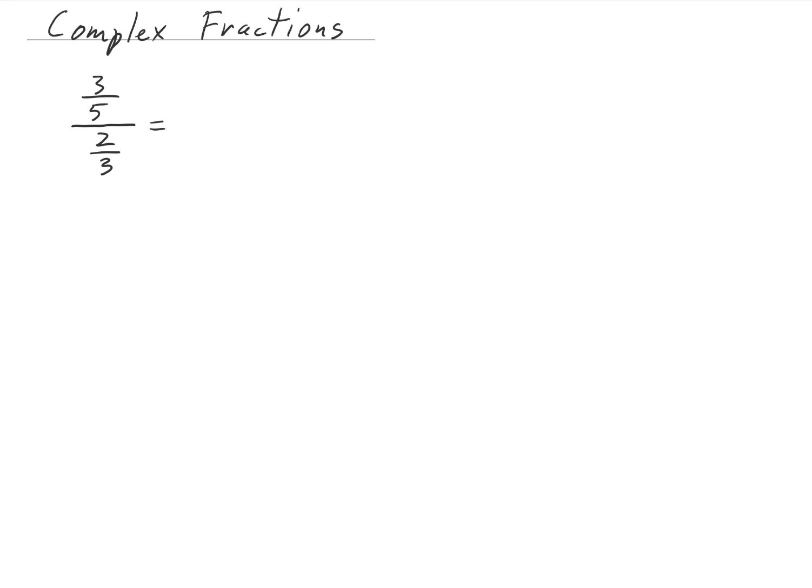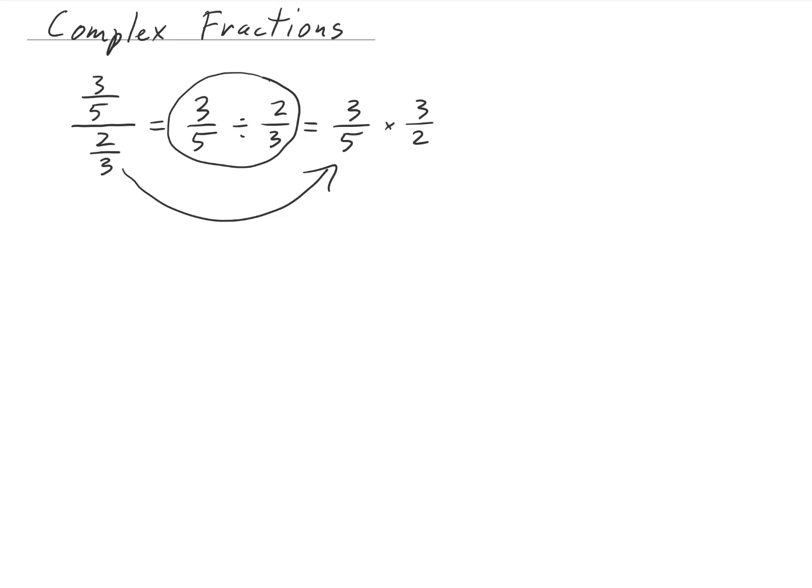So rather than write this as a division problem like that, and then changing it into a multiplication problem like that, usually what I do is just skip this middle step and change it into a multiplication problem.